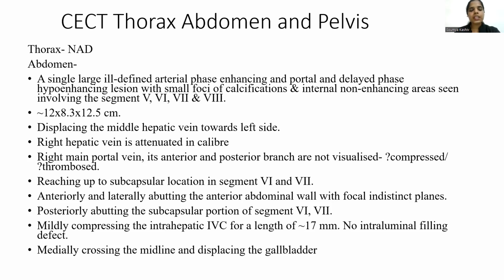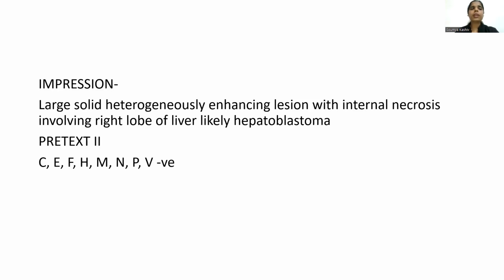The mass was medially crossing the midline and displacing the gallbladder. So an impression of a large, solid, heterogeneously enhancing lesion with internal necrosis involving the right lobe of the liver, likely hepatoblastoma, was made. It was PRETEXT 2 on imaging with all the annotation factors negative.